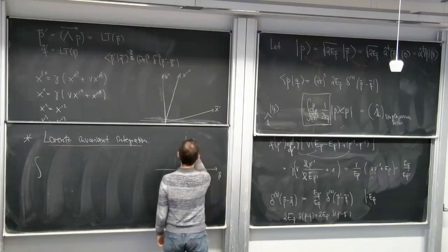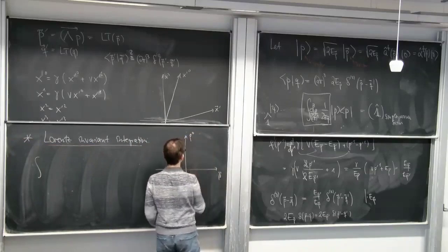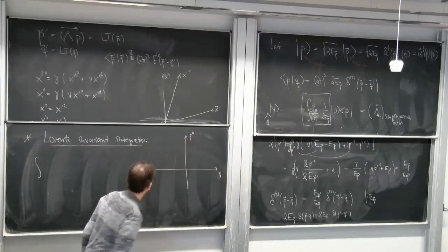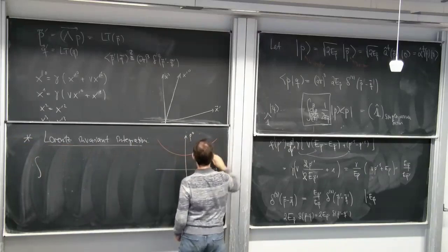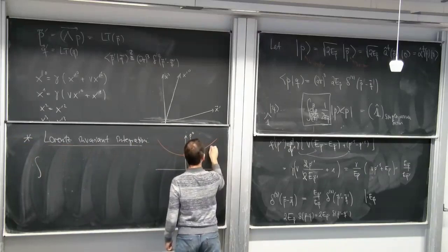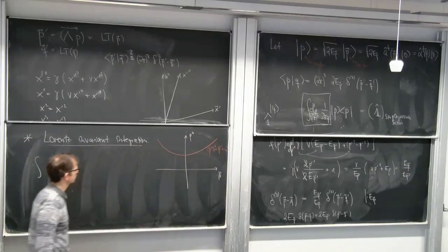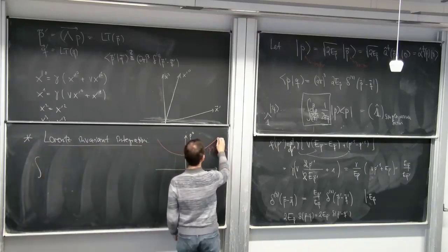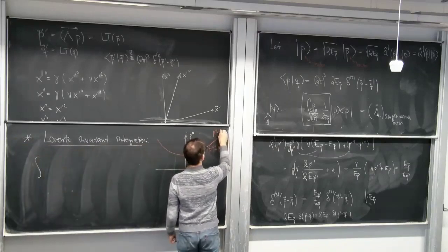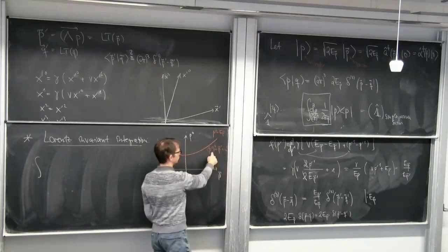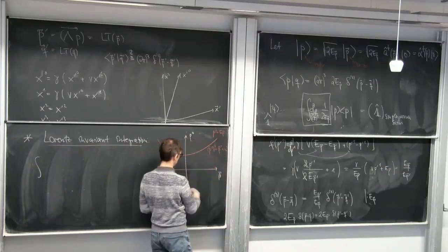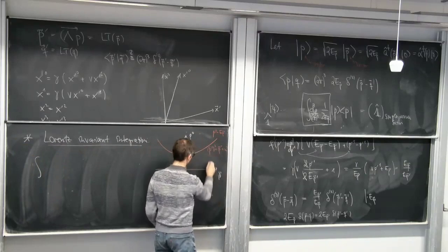So here, this is what I'm going to do. It's a p vector, and this is p0, and then I have my mass shell here. So this is where p0 squared is p vector squared plus m squared. Or better yet, where p0 is plus or minus the square root. Why better? Because this has also negative solutions. That would be down here.